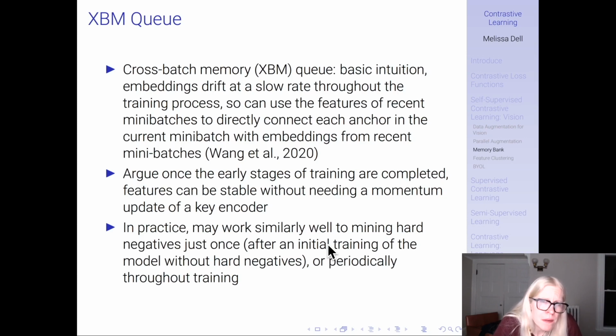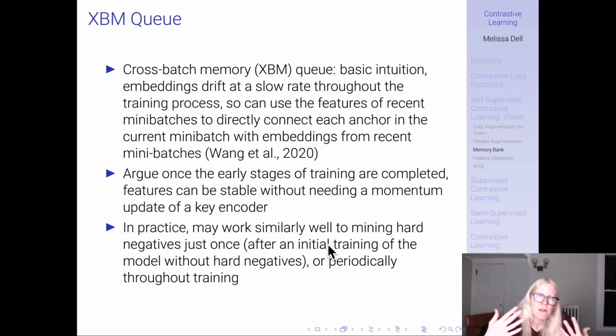And so this is something to be aware of as well. In practice, you might not need this sort of strategy. It may work similarly well to mining hard negatives just once. And so you might initially train the model without hard negatives and then mine them once and use that as a sampling strategy for your next round of training. We found that worked pretty equivalent to the XBM queue.